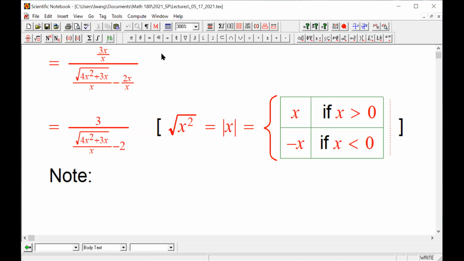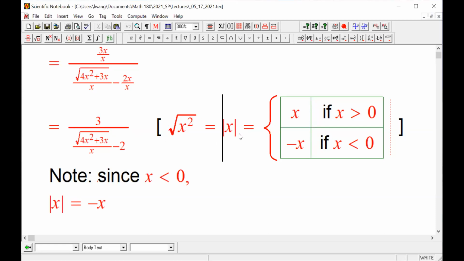Since x is negative, the absolute value of x is equal to negative x.